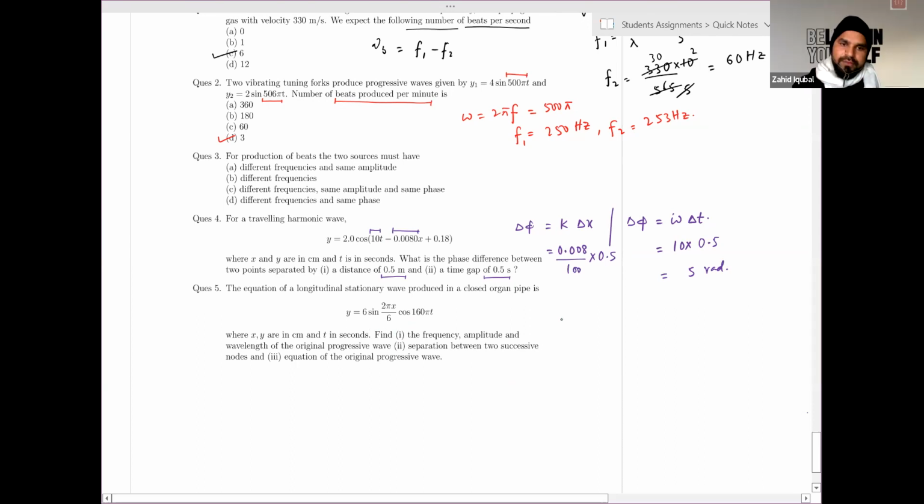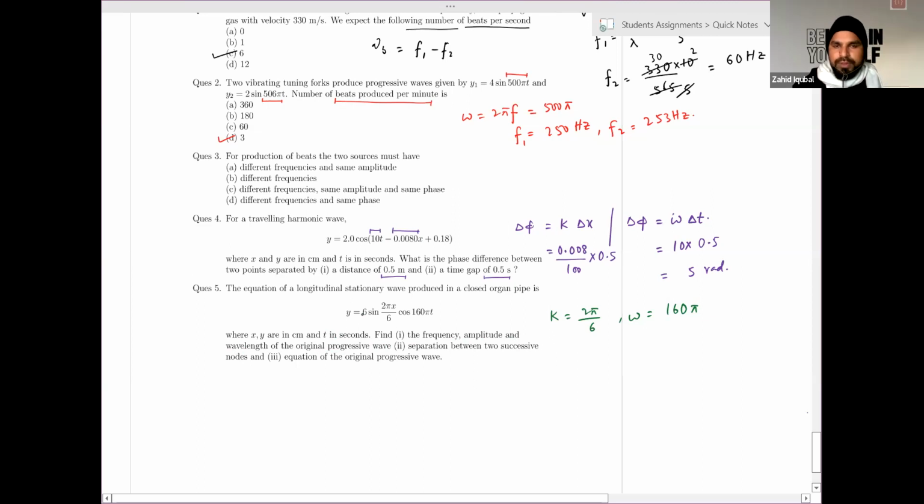Again, the coefficient of x in this part is 2 pi by 6. From this, you'll get lambda. Omega we have 160 pi. From this, you'll get frequency. So you have to calculate the frequency and the amplitude of the original wave.